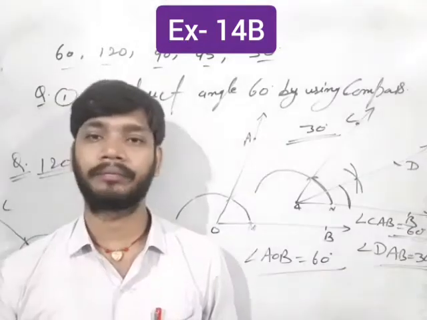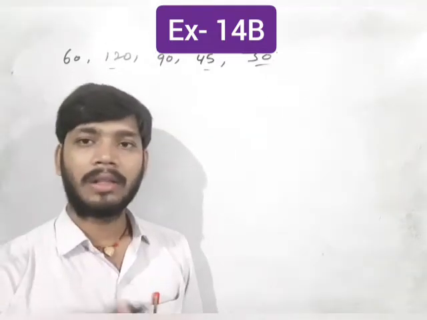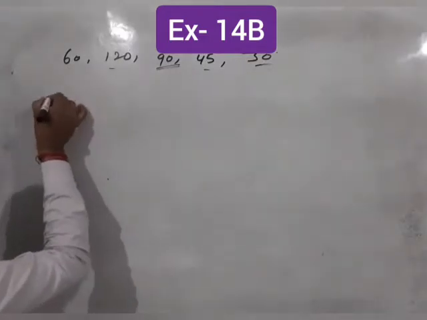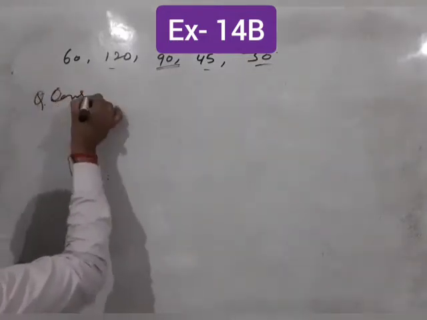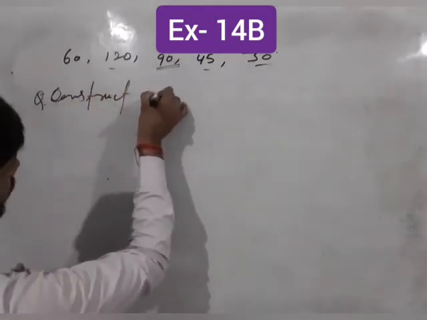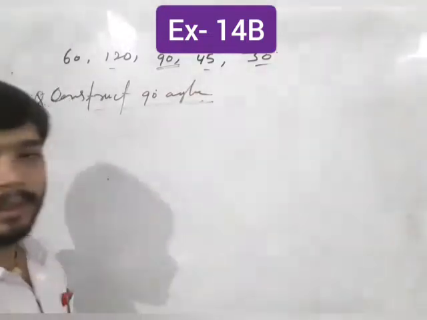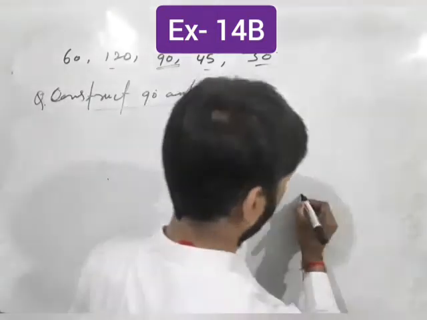Now friends, proceed to the next question. Now construct a 90 degree angle. Here, for constructing a 90 degree angle, students, first of all draw a ray.